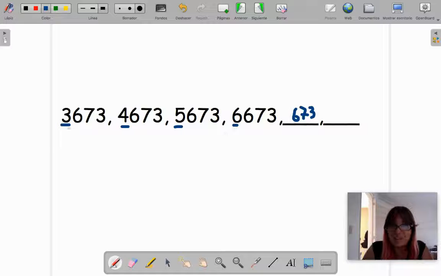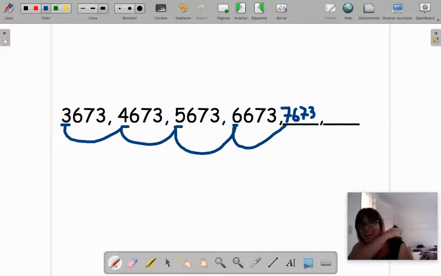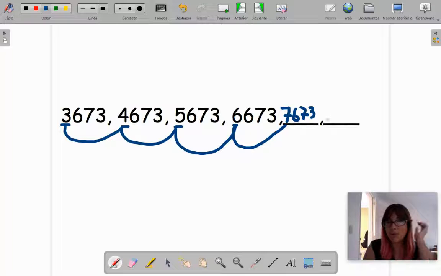Exactly. If you see, the pattern is in the thousands, 3, 4, 5, 6. So how many thousands should go here? Okay. If you said 7, a pat on your back. Very good, boys. So what number goes next?